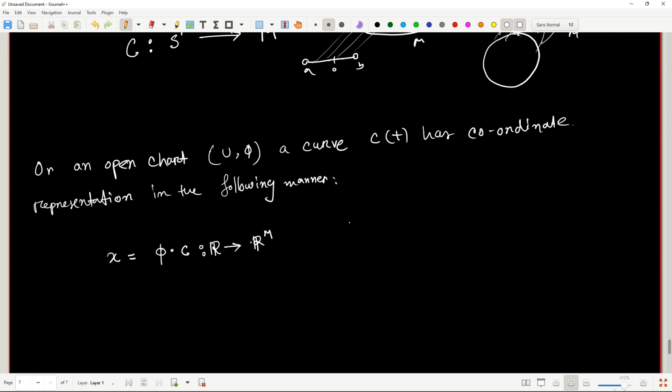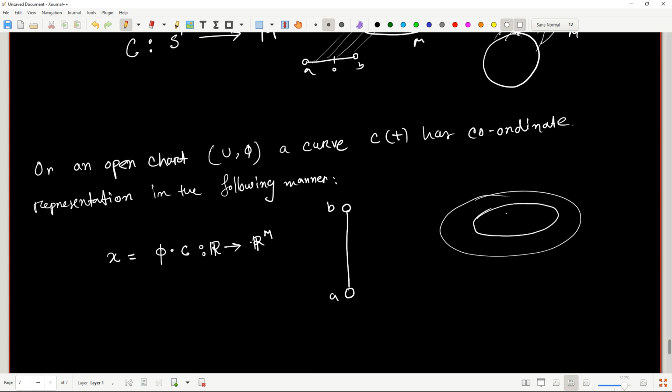So let me draw the picture. Let's say this is the interval where these 2 points are excluded. Let's say this is A, this is B, and this is my manifold M. On that manifold, this is my chart, this is the curve. Let's say this is the point, or any point on the chart.